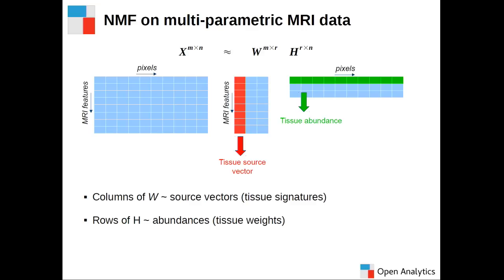Then if we look at the second matrix, the H matrix, there we have to consider the different rows. So if you look, for instance, at the first row, the columns correspond to the pixels again. And so basically here we get the weights of the different tissue sources in each pixel. And so the first row, for instance, gives the weights over all the pixels for the first tissue vector.